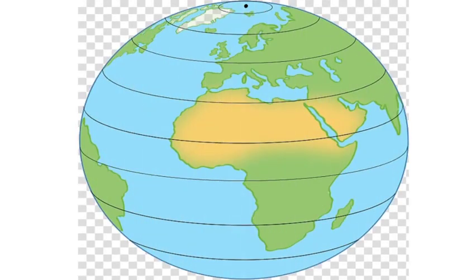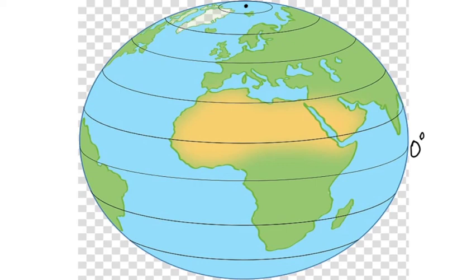Drawing these lines without denoting any numbers to them defeats their purpose. So, all of these parallels are numbered. But how are these parallels numbered? To number these parallels, we start from the equator and mark it as 0 degree latitude.